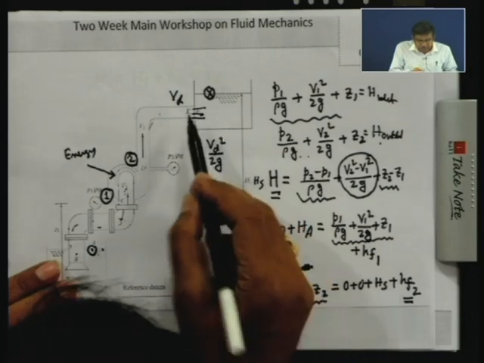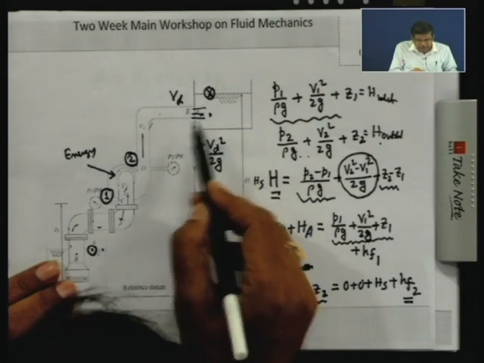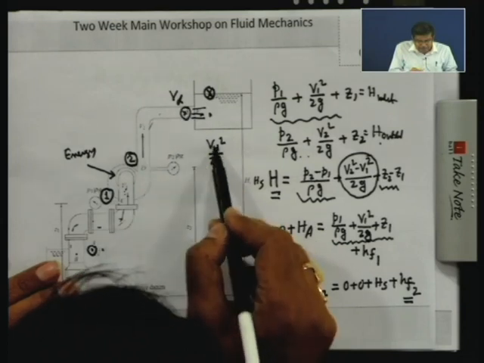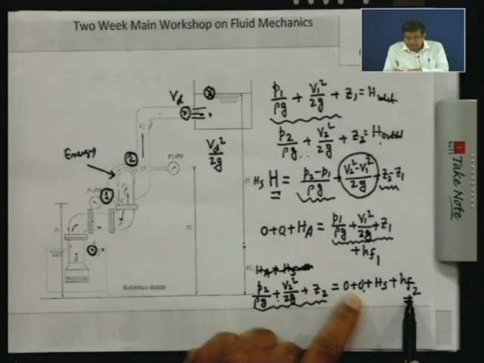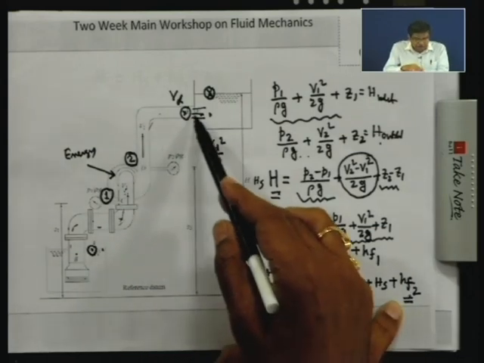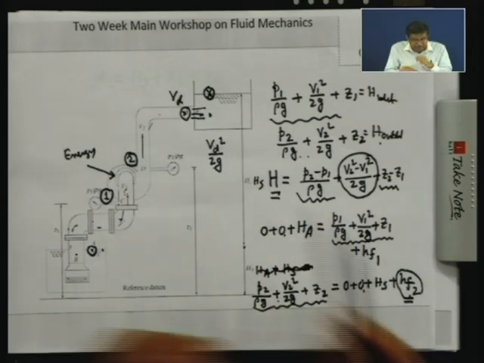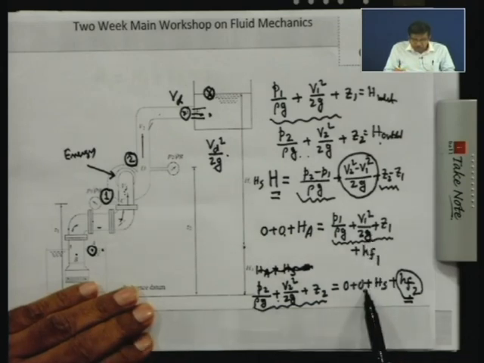That means, if I write the Bernoulli's equation not at this point in the tank at rest, rather at the exit end where the velocity is Vd square by 2g, here we could have written Vd square by 2g, then this loss could have been all the losses due to friction, but not the exit loss. In that case, the velocity head would have appeared here, you have understood.